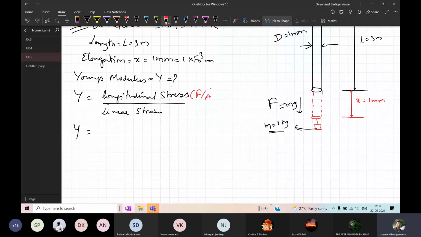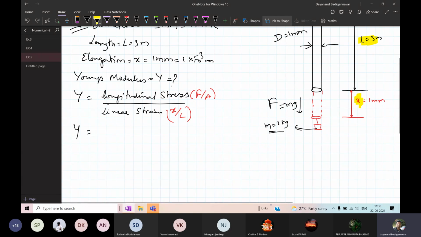Linear strain is the ratio of change in dimension to the original dimension. The length is changing; the change in length is x and the original length is L. So x by L is the linear strain.